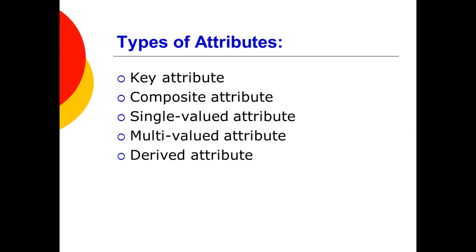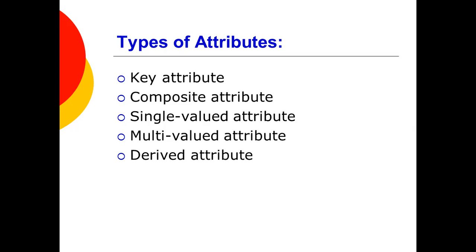So at number one, key attribute. Suppose you are using a particular ID number for an entity, then it will come under the key attributes, uniquely defined. If you are going to define it uniquely, that comes under the primary key. You can also call it the primary key, meaning ID number.